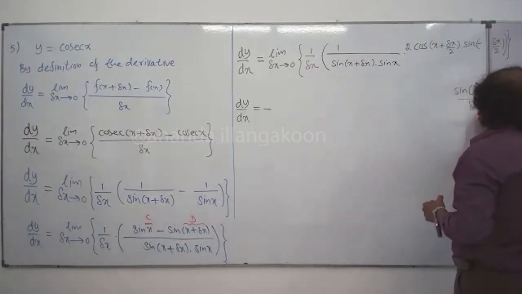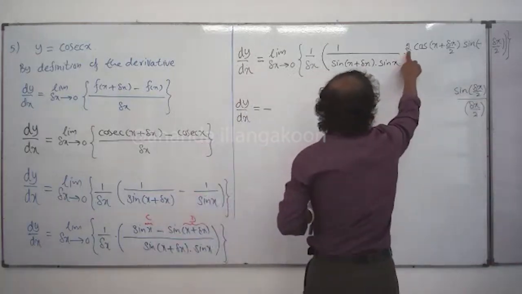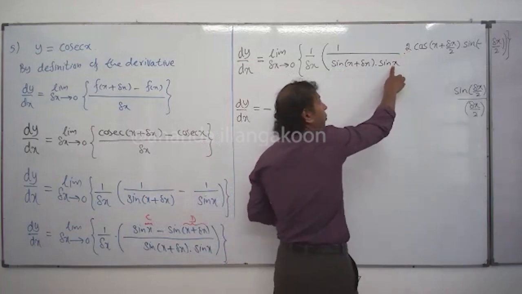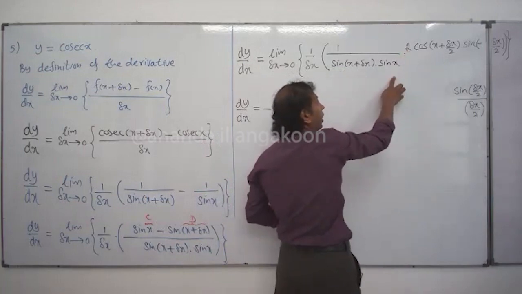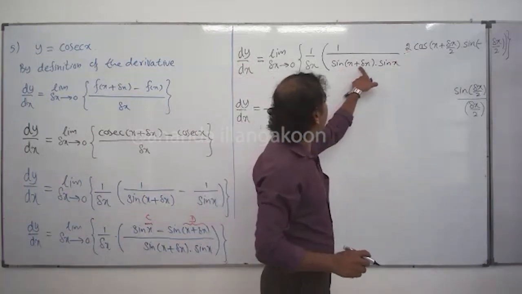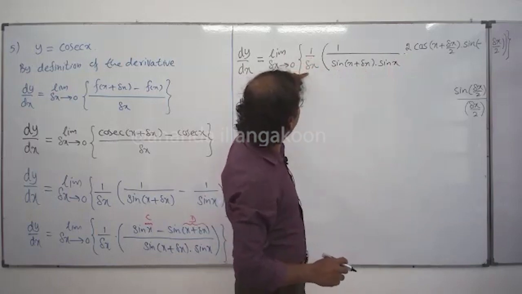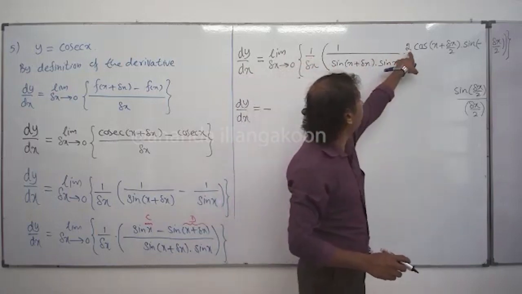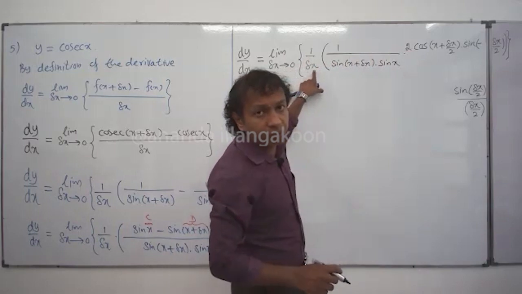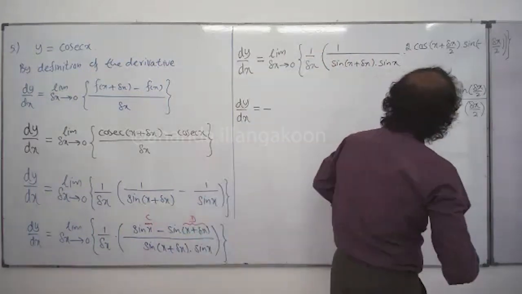As I told earlier, people, this 2 we can bring to the denominator of the denominator. This 2 I can bring below the level delta x. That means delta x by 2. That means we can write 2 divided by delta x as 1 over delta x by 2. That's what I have written here.